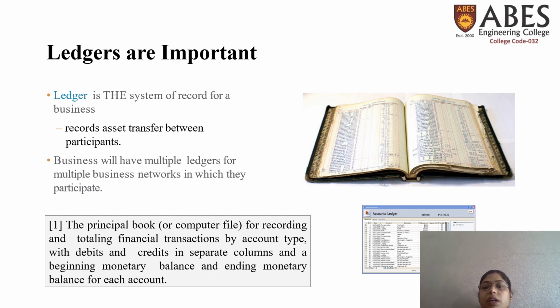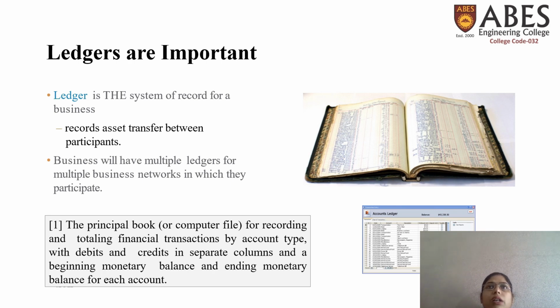So it can be similar to an Excel sheet also. The principal book or computer file for recording or totaling financial transactions by account type, with debit and credit in separate columns, and a beginning monetary balance and ending monetary balance of each account, right?